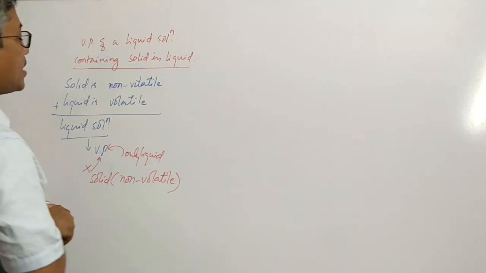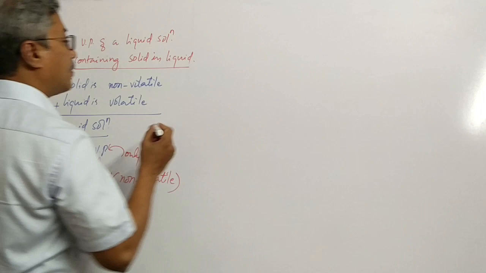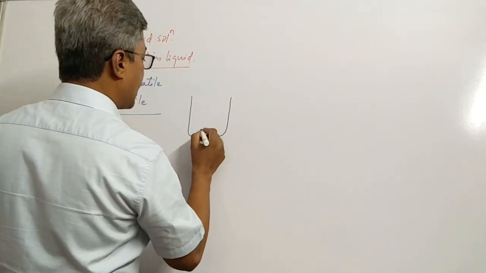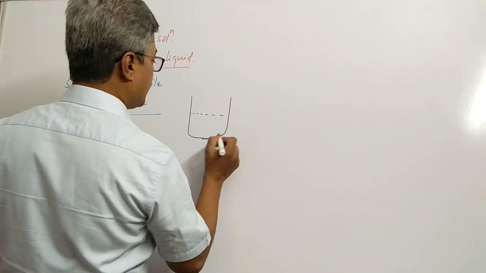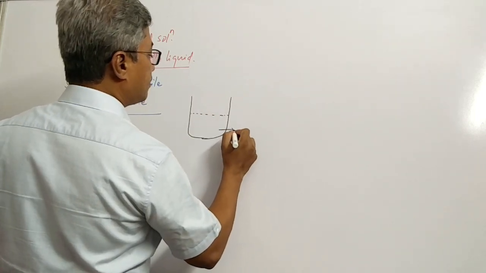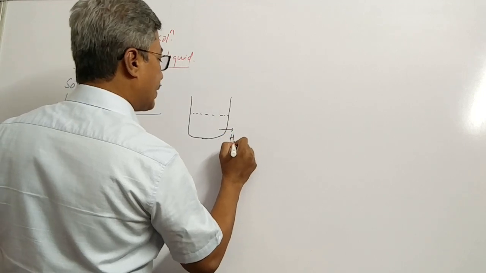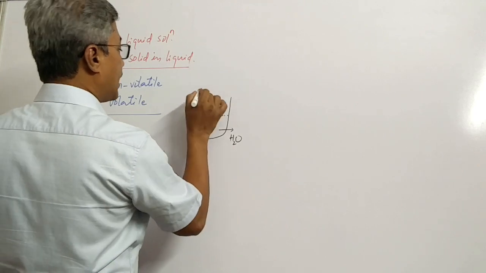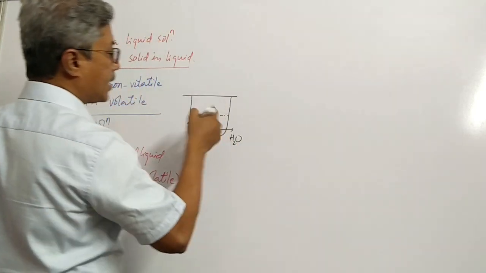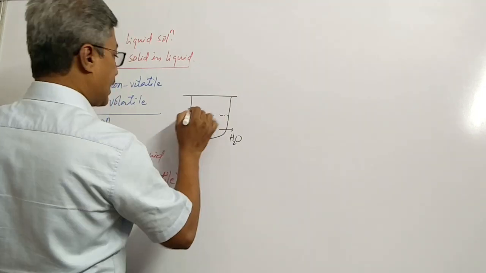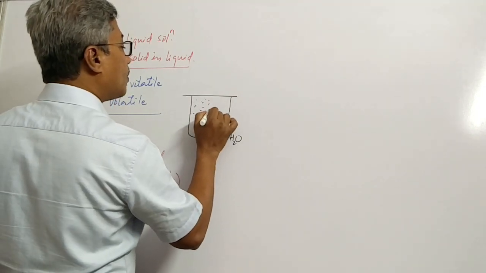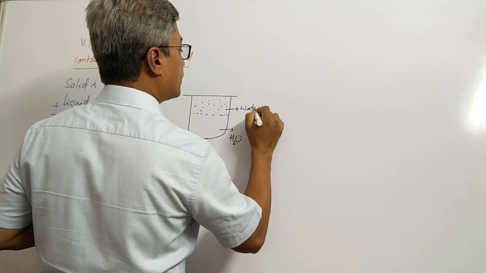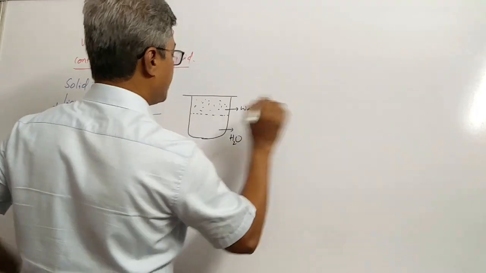Here, to understand the role played by the non-volatile solute, let us take the first one, a container containing only liquid. Say volatile liquid, that is water only we will take. Then let us close the container with a lid. In this case, what we notice is only water vapor is found.